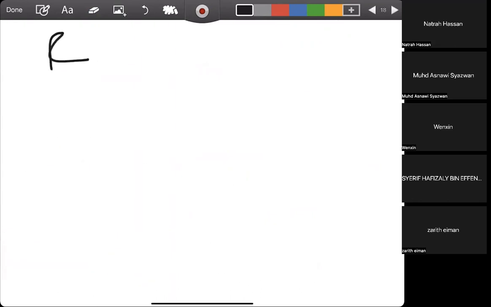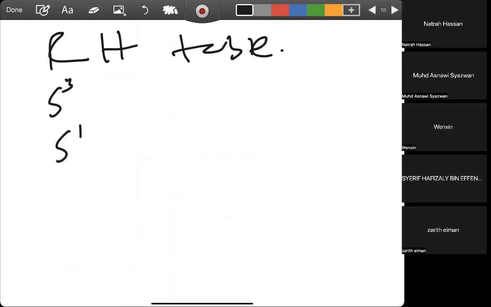Then go to the Routh-Hurwitz table. S cubed, S to the power of 1, S to the power of 0. The first row is 1, 12, then 7, 10 plus K. So what is here?